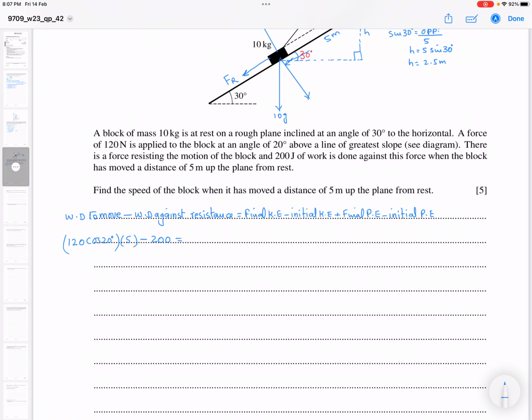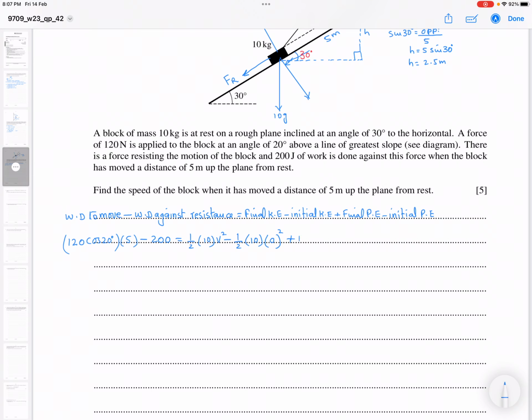final kinetic energy, half mv square. So half, mass is 10 and v square we don't know, minus initial kinetic energy, again half mv square. Half, mass is 10 and v would be definitely 0. So plus final potential energy mgh.